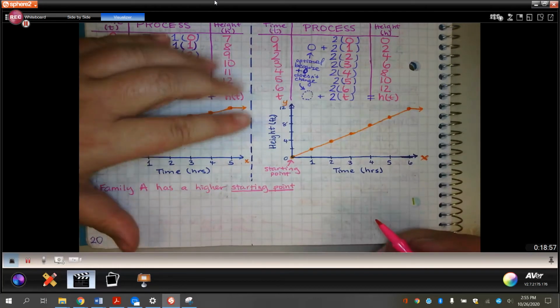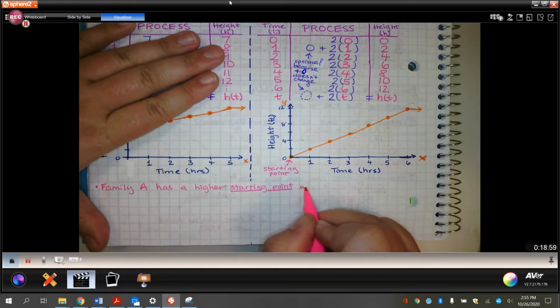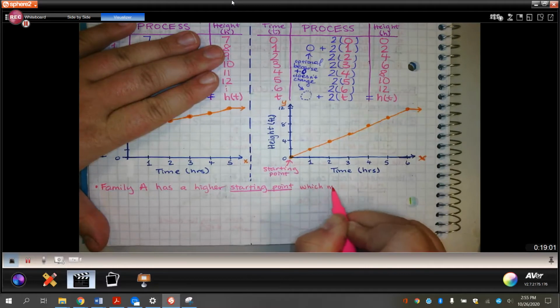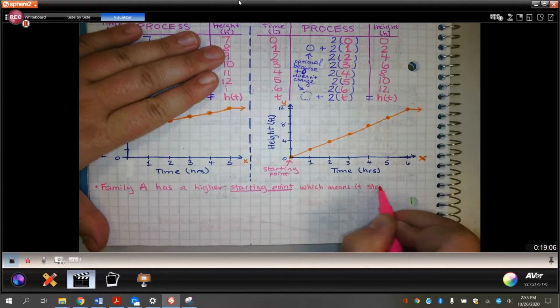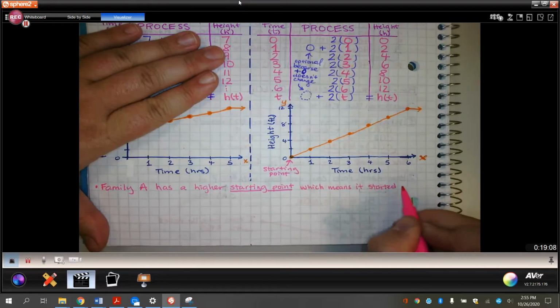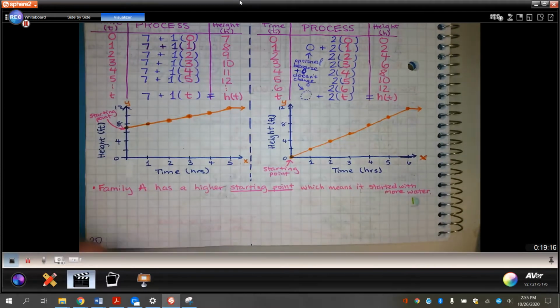Which means it started with more water. So it started with more water in it. Okay, that's what that means.